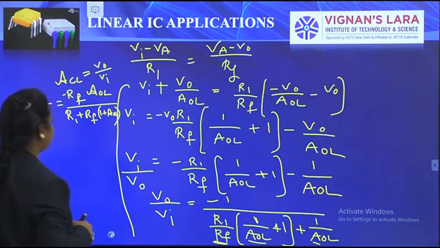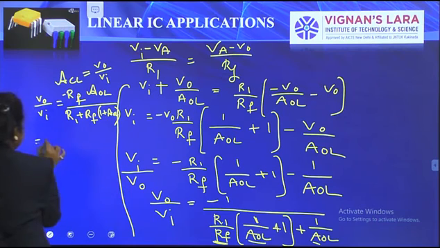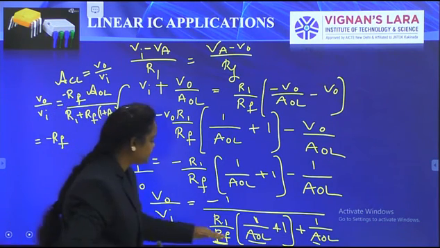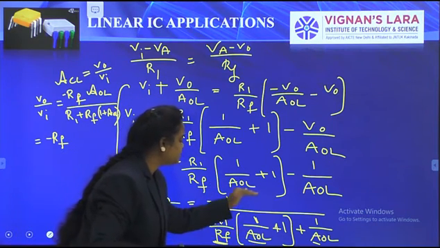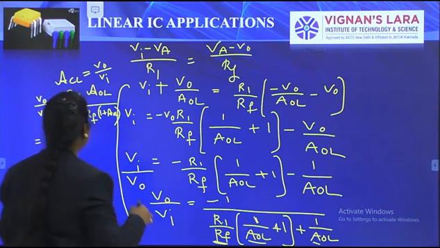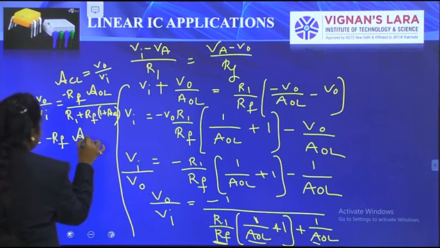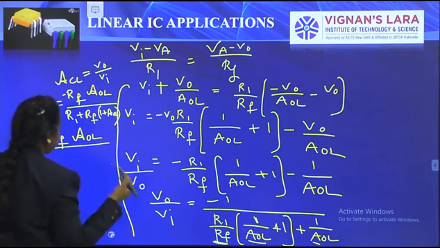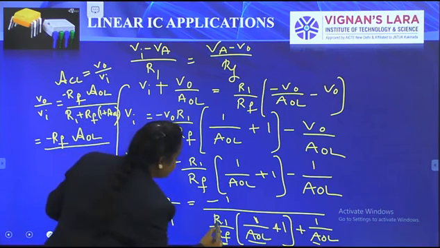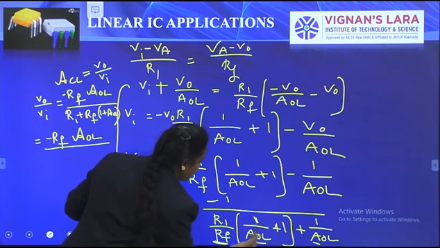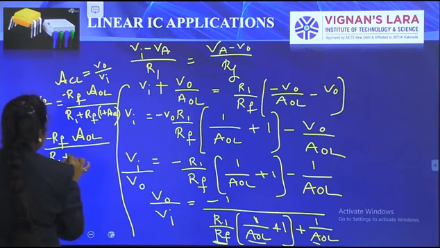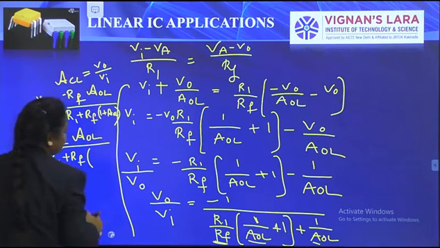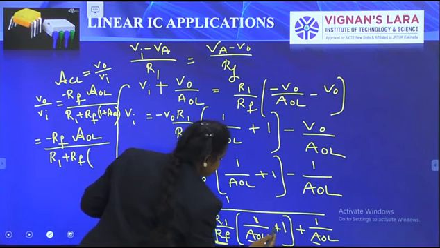Simply, I can write again this term as minus RF, because RF and AOL are taken to the numerator, minus RF AOL, and the remaining terms are R1 plus RF of 1 plus AOL.